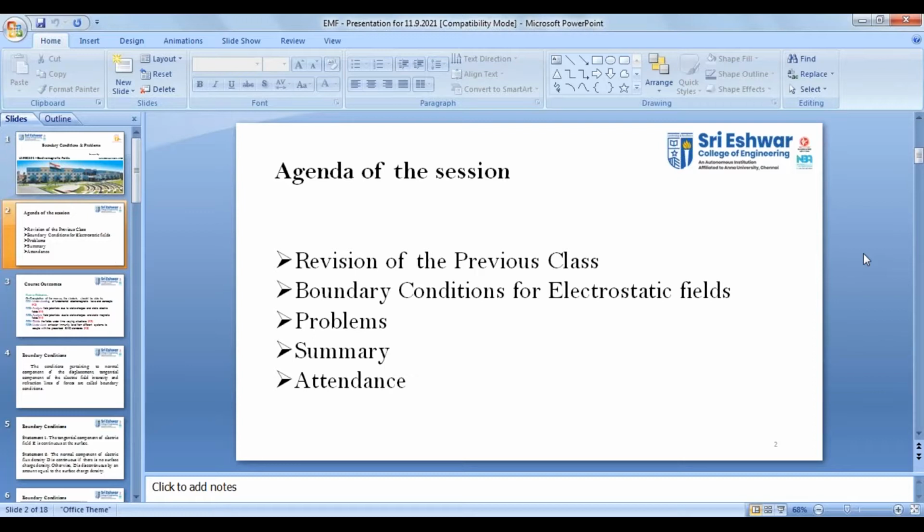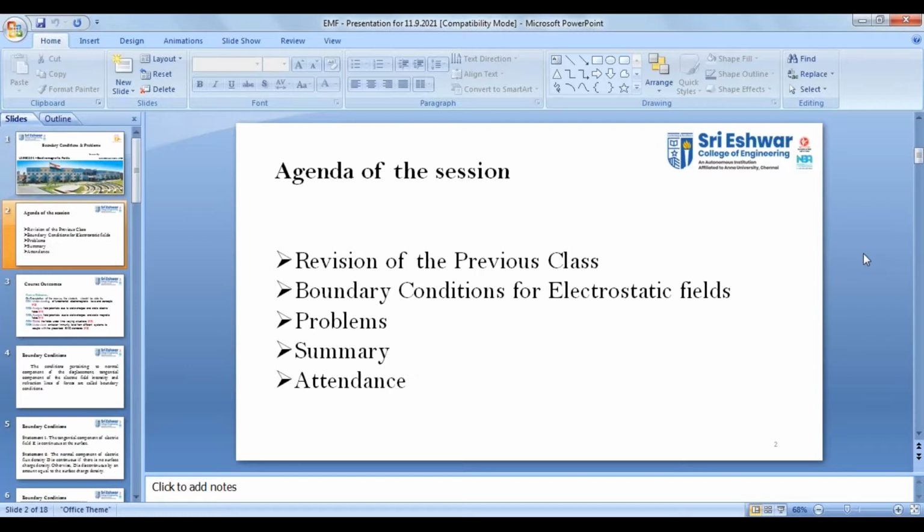Today is 11. Aishwarya from A section, are you there in the link? Yes, sir. Good morning, Aishwarya. Can you summarize? Sir, we have seen capacitance of two electric media.